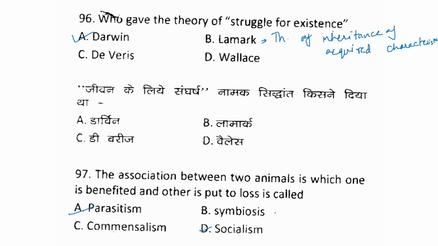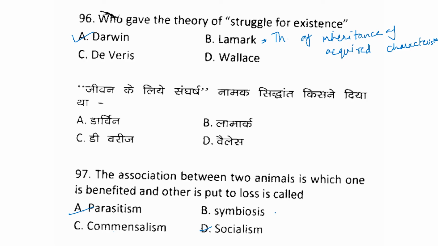So the answer will be parasitism. There are many pathogenic organisms and worms which live in one's body. They eat up the digested material and may even cause disease. That is parasitism. An example of symbiosis is mycorrhiza, and lichen is also an example of symbiosis.